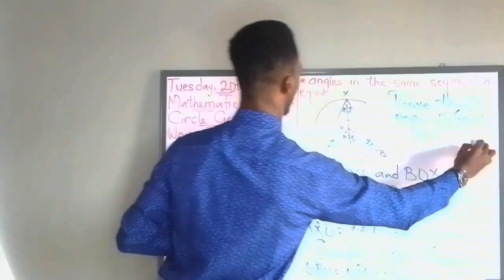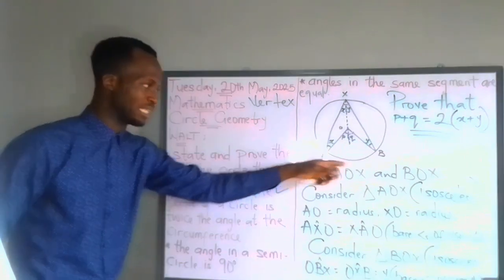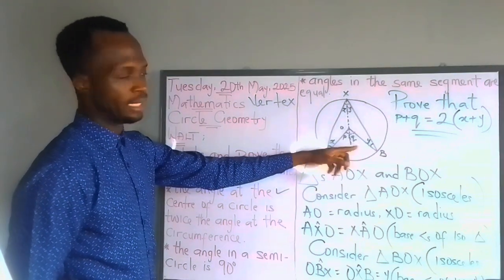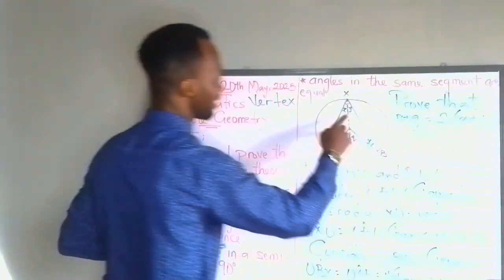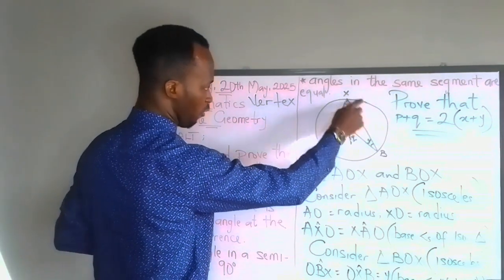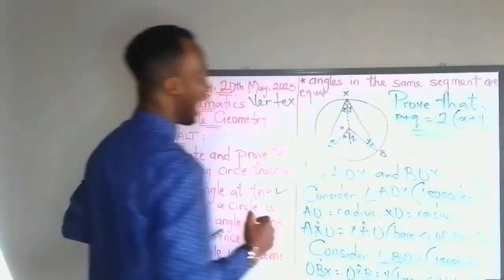We want to prove that the angle at the center of the circle, subtended by this arc AB, P plus Q, is equal to twice the angle at the circumference. These two angles, they form the angle at x. So it's twice the angle at the circumference.